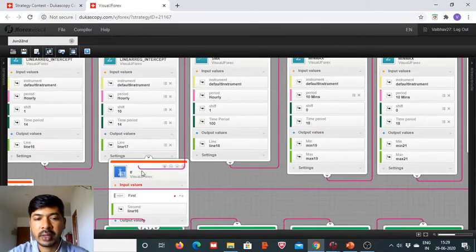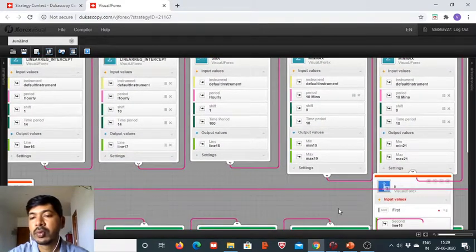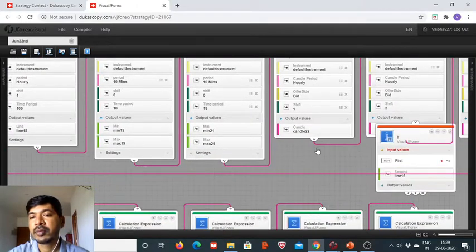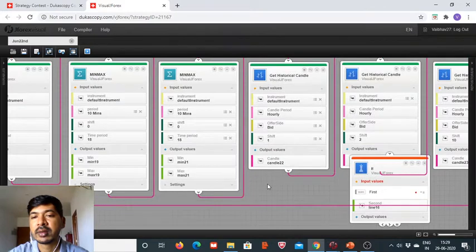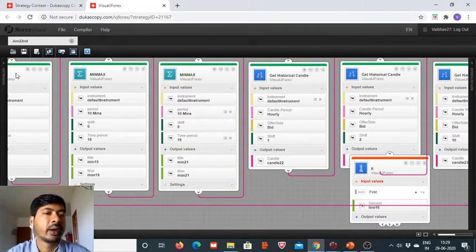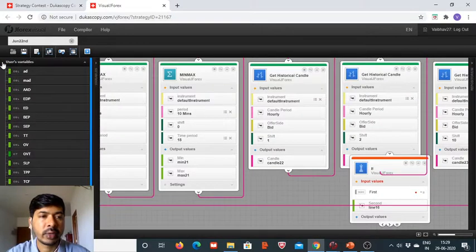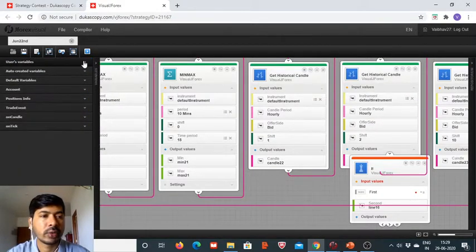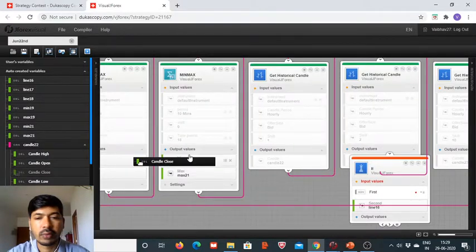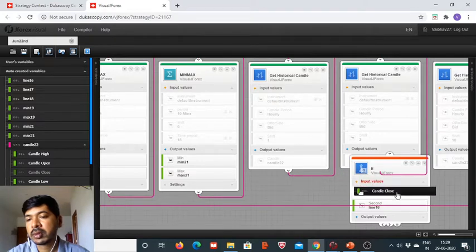For that matter, we have to go to the closing levels of candle 22, which has the look back period of 1, and it is defined for 1 hour. So we have to take into account the candle 22's closing levels, and so here it is, candle 22 close.